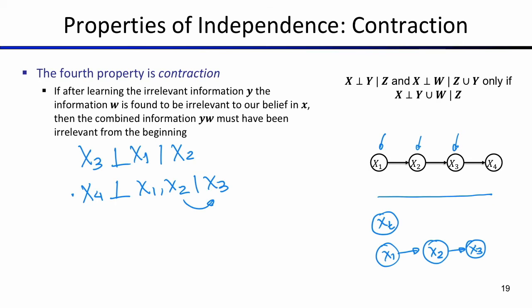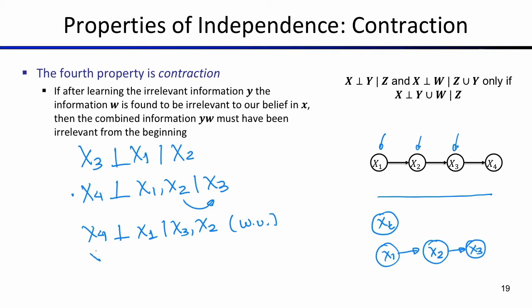In this case, we will have x4 independent of x1 given x3 and x2. So I get this from weak union. And we can invert x4 and x1 using symmetry.